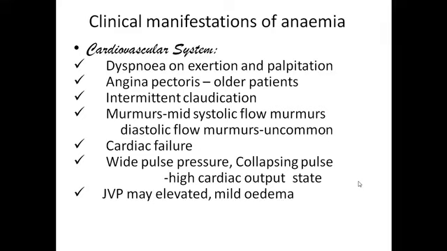Clinical manifestations of anemia: dyspnea on exertion and palpitation, angina pectoris in case of an older patient, intermittent claudication, murmurs, systolic flow murmur, cardiac failure, wide pulse pressure, collapsing pulse, high cardiac output state, and raised JVP. Think that the examiner may ask that you find a patient having a murmur, but he or she had no previous congenital heart disease or previous heart disease.